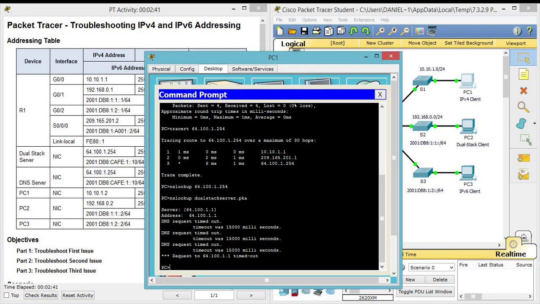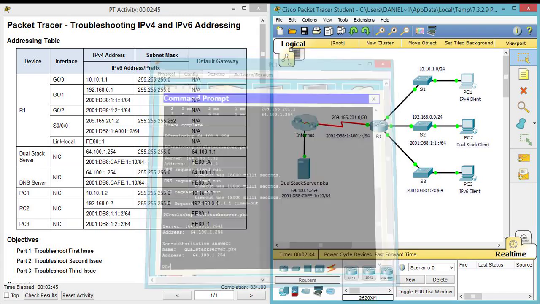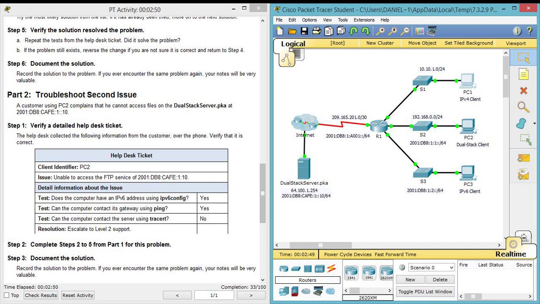And now if we try nslookup again, we immediately get it, which is way more helpful to all of us. Okay, so that's the end of that problem.